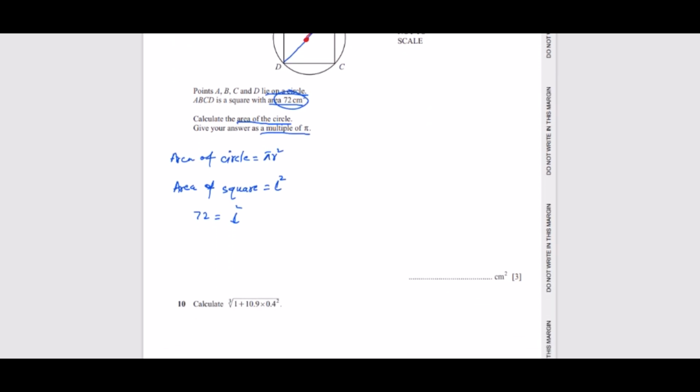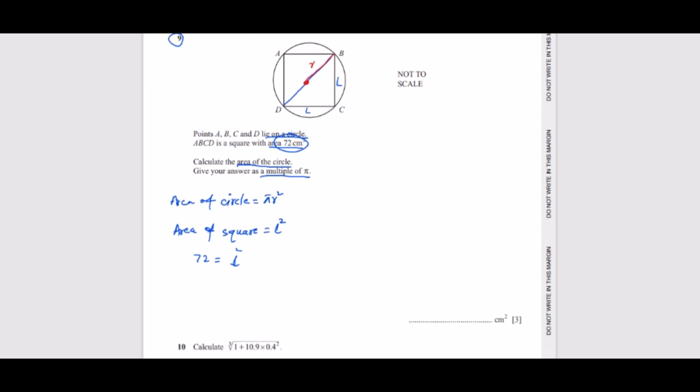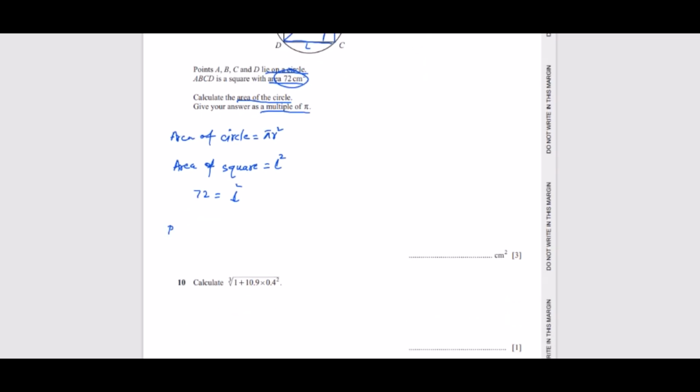So using Pythagoras theorem, this side is L, this one is also L. So this is a base and this is a perpendicular. So BD is equal to the square root of base squared plus perpendicular squared, both equal to length. BD is equal to the square root of 72 plus 72.